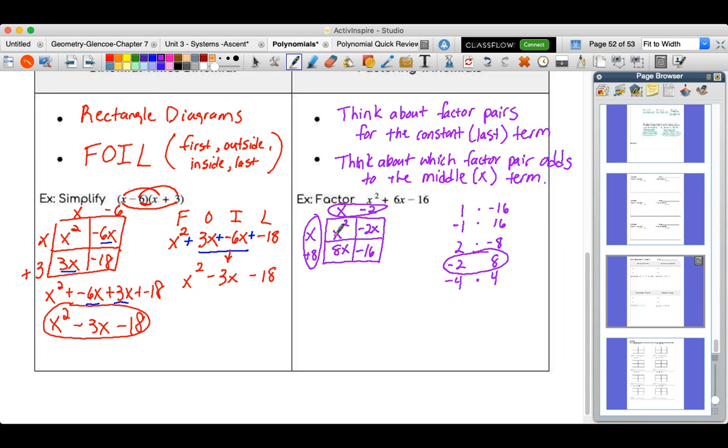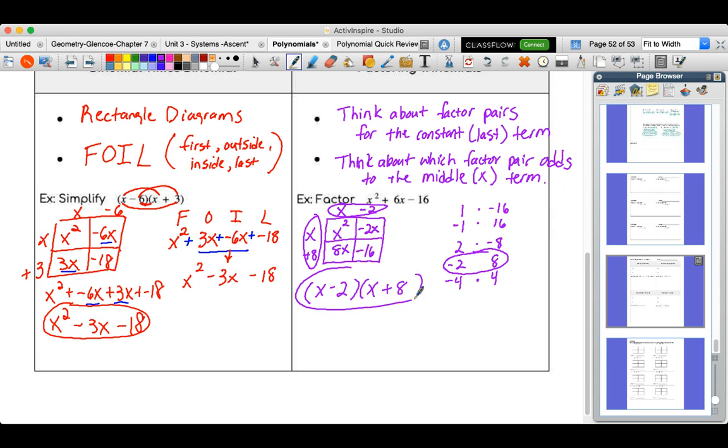And if we were adding these all up, x squared plus negative 2x plus 8x plus negative 16, I hope you notice that it will get us back to our original expanded or general form. So the factored form that we have here, the one that works, is x minus 2 times x plus 8.